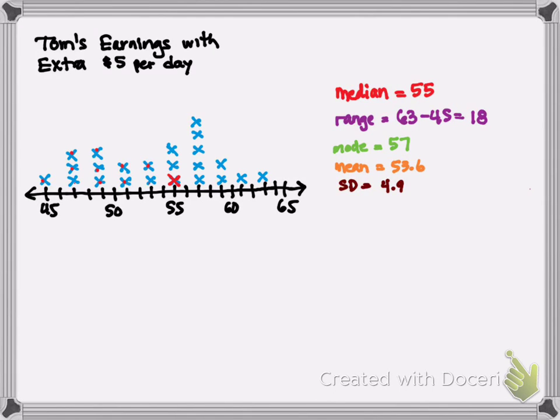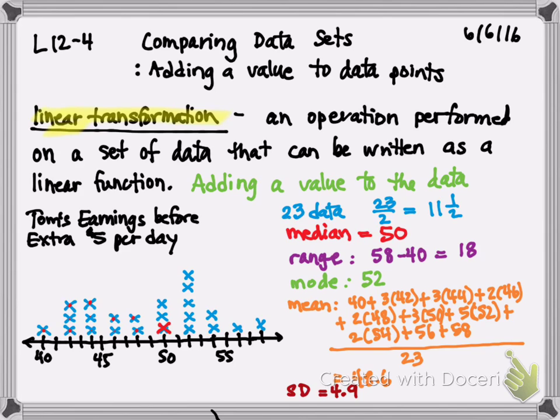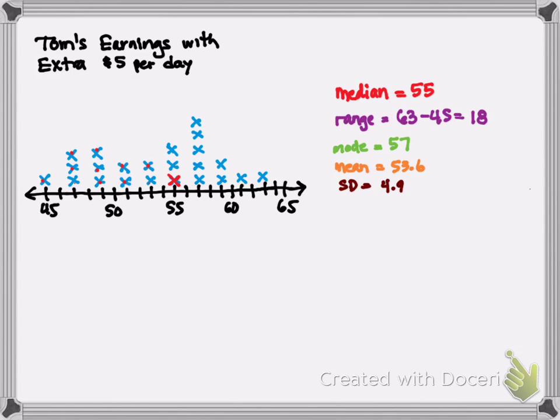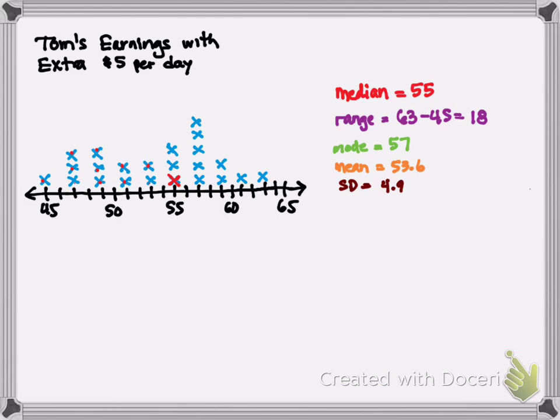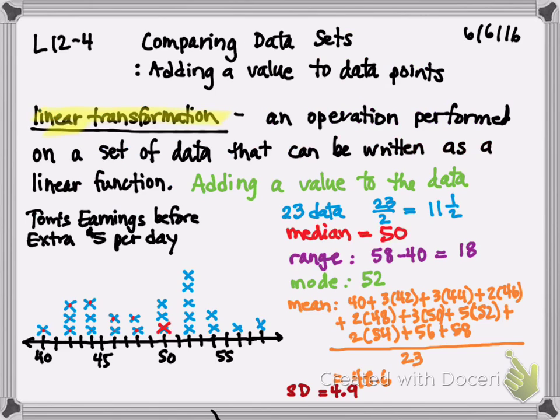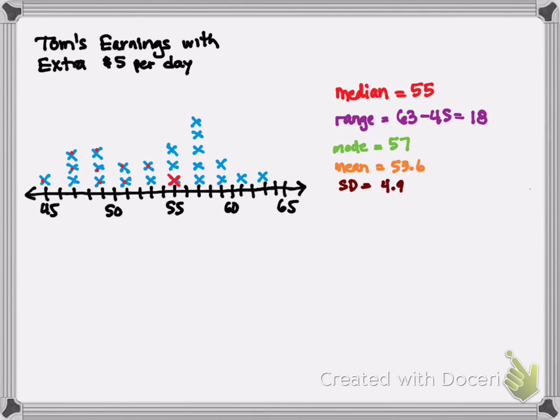So I'm going to flip back and forth between the two graphs. Physically, I just want you to look at the dot plot. Do you notice anything different about it? Looks pretty much the same, right? The only thing that's shifted are the numbers. So let's look at the statistics. The original without the $5, he had a median of 50.